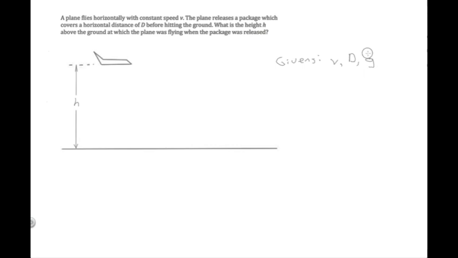If your final answer includes any symbols that are not given in the problem, that would usually be considered incorrect. So we're allowed to use all of these symbols in our answer, including little g, because we're allowed to use constants.